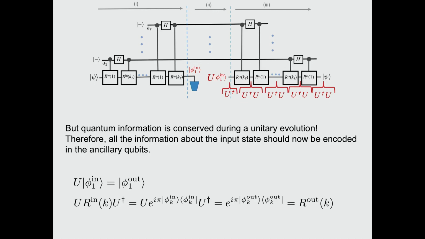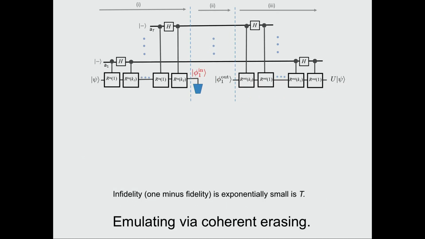And so this basically immediately means that if I run this circuit, I prepare the system in a state phi 1 out and do the reflection with respect to the output state, at the output I should get a state u psi. In other words, I have emulated the action of the unitary. I transform the unknown state psi to a state u psi. And the argument that I presented before explains that the infidelity, or the probability that the system is not in the desired state u psi, 1 minus fidelity, should be exponentially small in t.